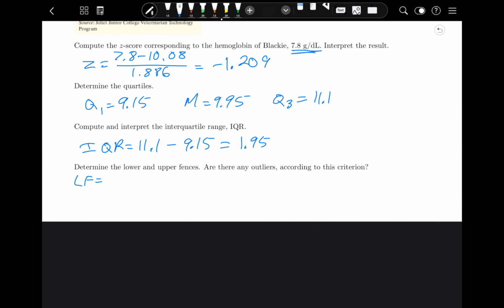So we've got a lower fence is going to be 9.15 minus 1.5 times 1.95. And the upper fence is going to be 11.1 plus 1.5 times 1.95, which is 6.225, and then the upper fence, this should be a plus, is 14.025.